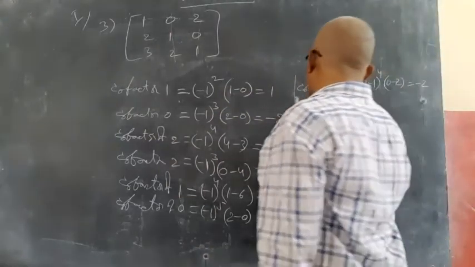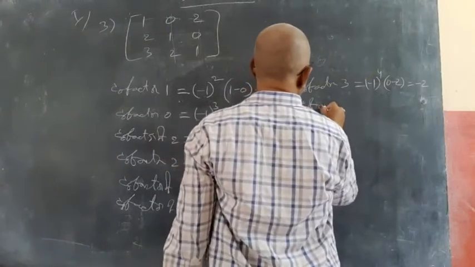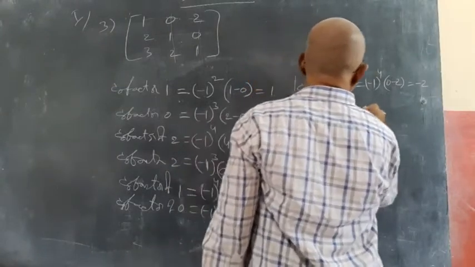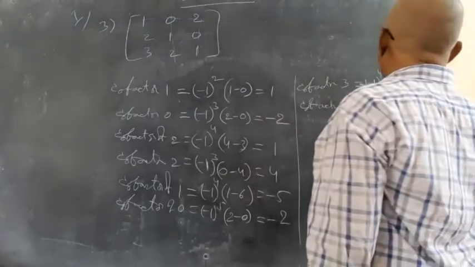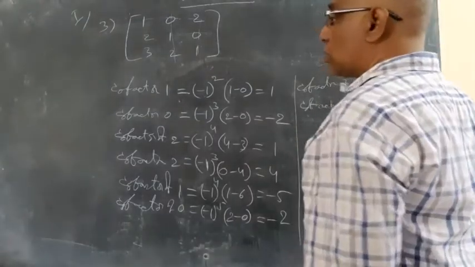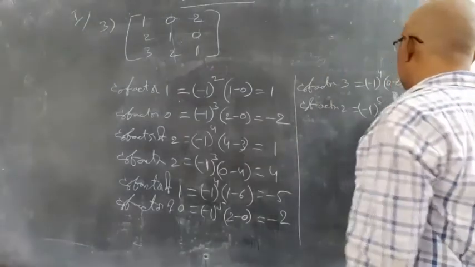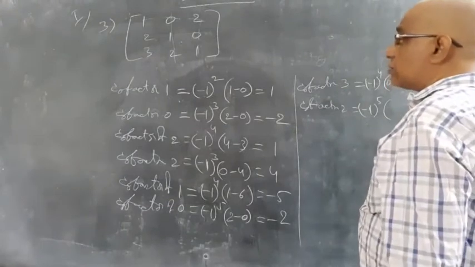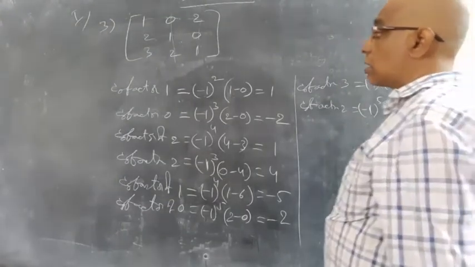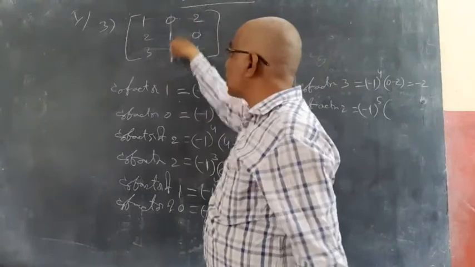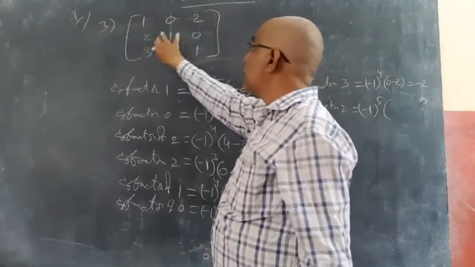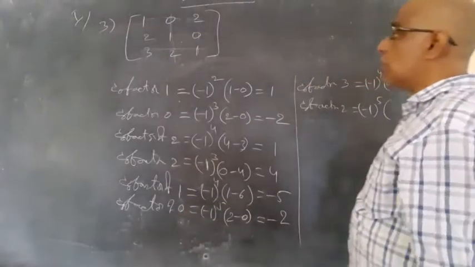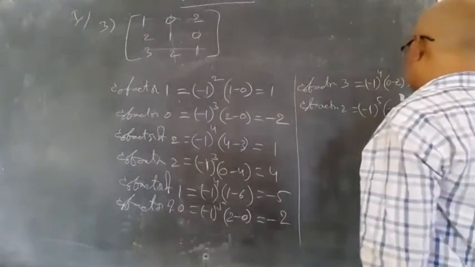Next, cofactor of 2 equal to minus 1 whole power 5. Third row, second column, 3 plus 2, 5, into closing this row, that column. Closing this row and this column, left out is 0 minus 4. 0 minus 4 is minus 4.